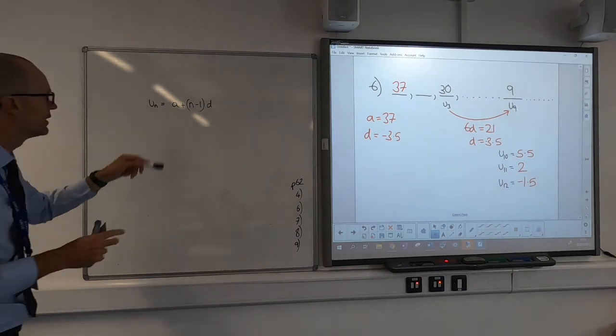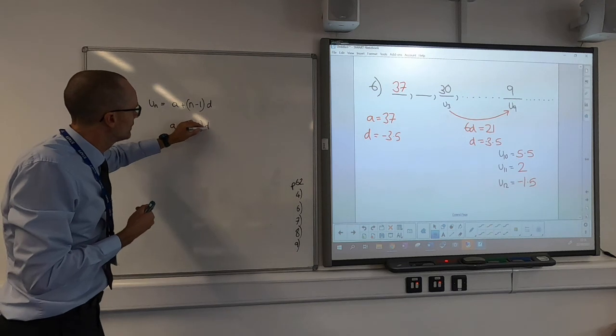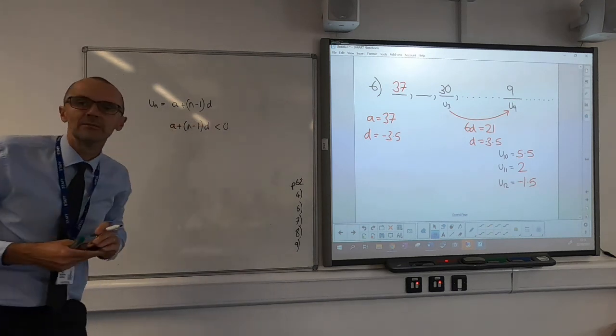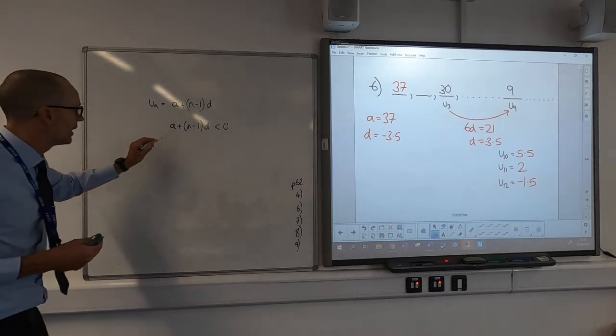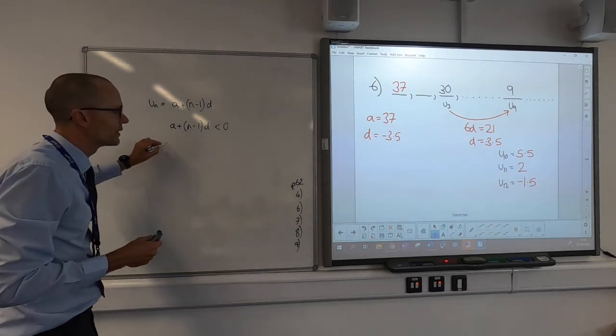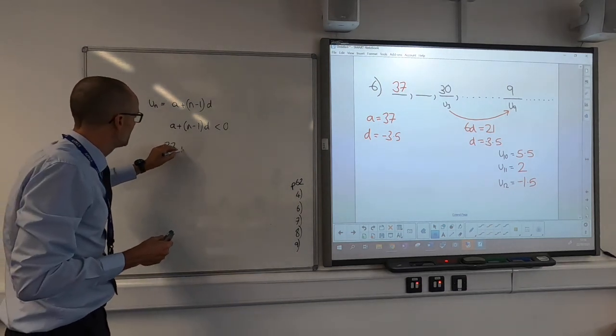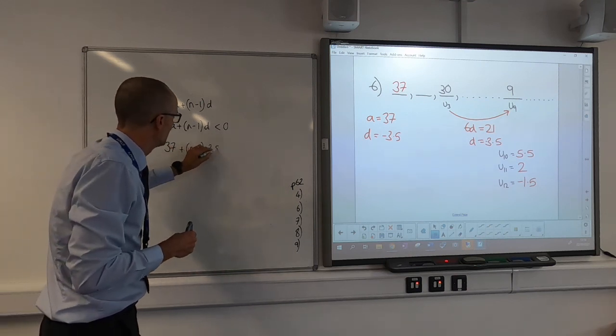So I would ask, when does this drop below 0? So it's an inequality. And n is what I'm after at the moment. n will be the number of the term, the first term that's below 0. So I've got 37 plus n, I don't know n, remember, that's what I'm trying to find out, times minus 3.5.